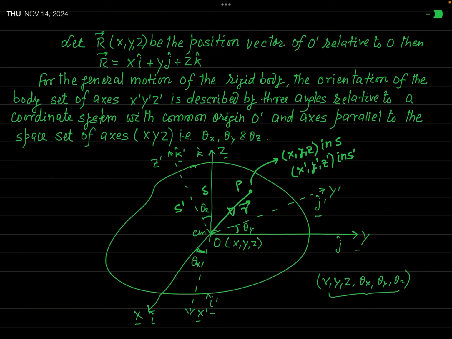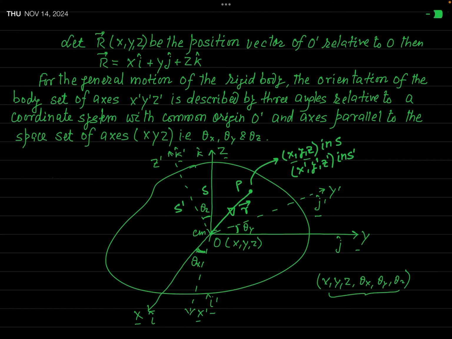But as the orientations of the coordinate axes of both coordinate systems are different, so definitely even though the position vector of point P is the same in both coordinate systems, the position coordinates will be different.